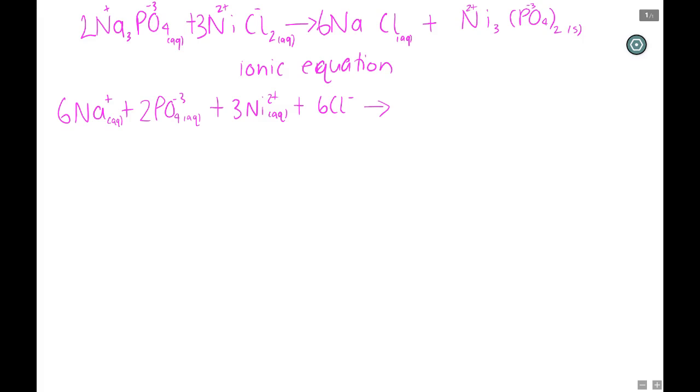Now we're only breaking down this compound here because we're only breaking down our aqueous compounds. So our nickel phosphate stays as a solid.